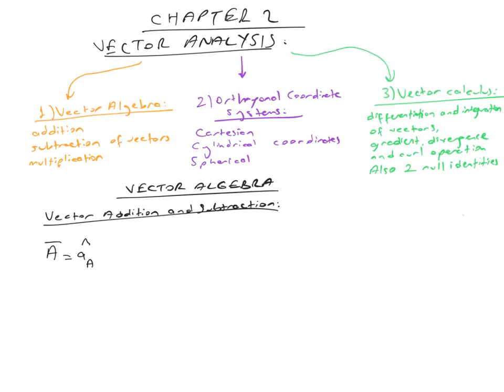And there will be a cap over this combination. This combination is also a vector with a unit magnitude. It is called unit vector. And in our example, unit vector is in the direction of vector A.